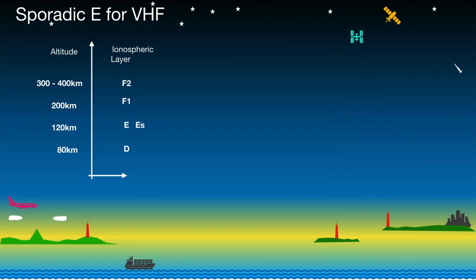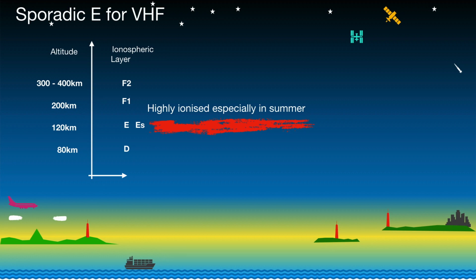Now, we talked about the E layer, and we talked about sporadic E. Sporadic E is a phenomenon that affects VHF. And here, if we have a highly ionized layer, especially in summer, in the E layer, then we find that VHF can bounce off the sporadic E layer, not just VHF, but in fact, we'll go through the bands that it affects in just a second.